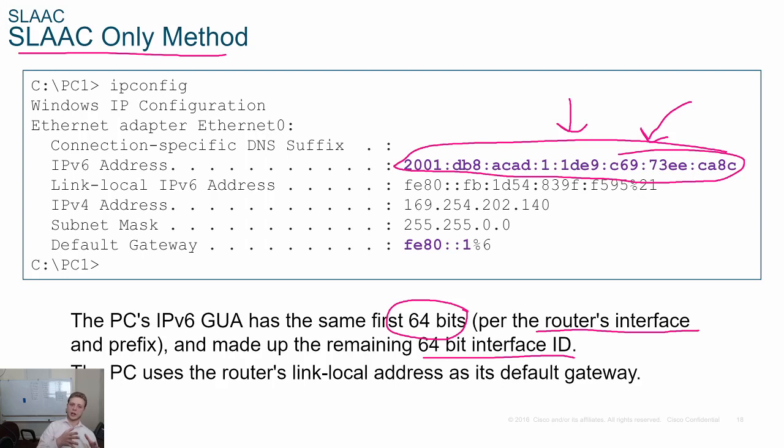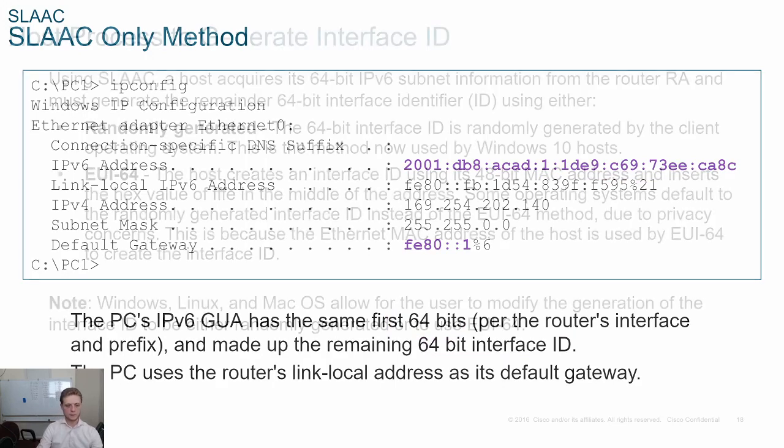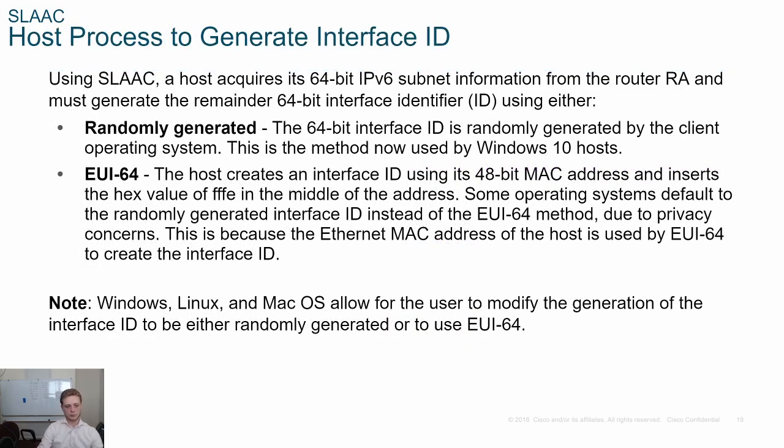Now, Windows has come up with a new way of randomly generating this because there were some security concerns over using your MAC address. By your IPv6 address, everybody knows the manufacturer of your device, and that could be a concerning security vulnerability.